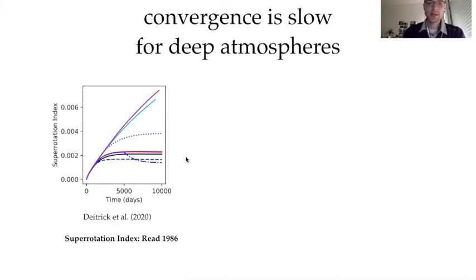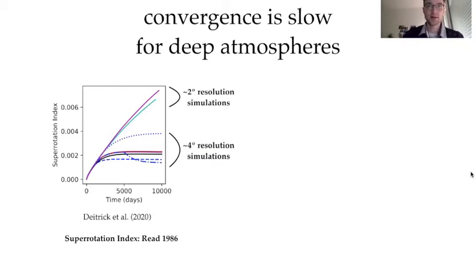You can see that this happens within a few thousand days of integration for the simulations at the very coarse 4-degree horizontal resolution. But the 2-degree resolution simulations, which are these two curves, are still not converged. And I expect that the problem becomes even worse at a higher resolution. So it can be really time consuming to integrate these to fully steady state, especially with wavelength dependent radiative transfer.